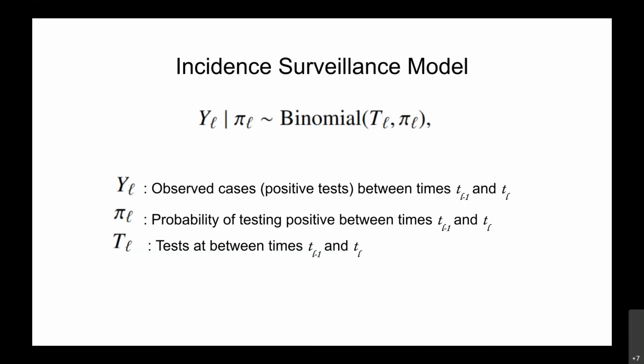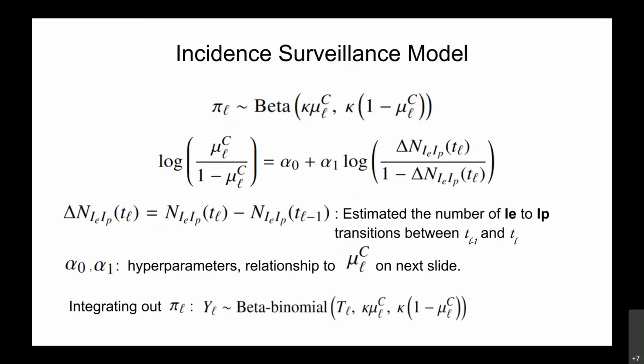So we're going to model the observed number of positive tests between times t_{l-1} and t_l as a binomial realization of the total number of tests, where the probability of testing positive in that time interval is now linked to the latent incidence in the model.